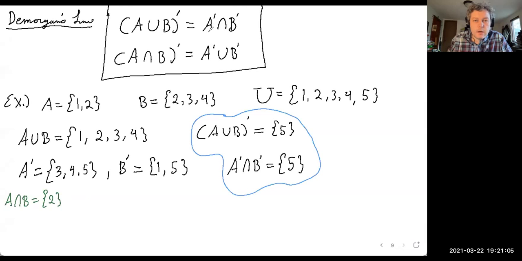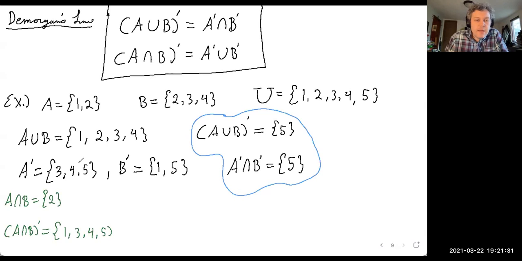And this is talking about, oops, this one is talking about A intersect B complement. So we want to talk about what is the complement of just number 2. Well, that's going to be 1, 3, 4, 5. Okay, so that's the left hand of this. We've got that covered.